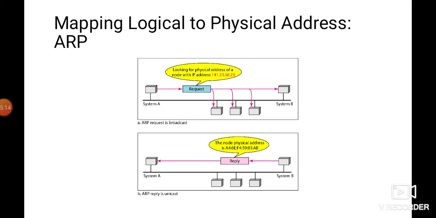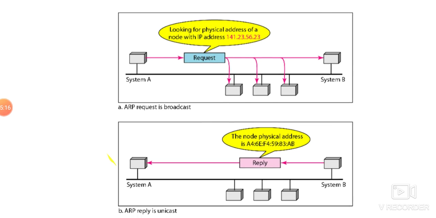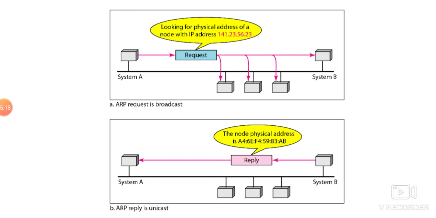Broadcast means, as we have already seen, it is sent to all the routers or all the hosts. Every host or router on the network receives and processes this ARP query packet, but only the intended recipient recognizes its IP address and sends back an ARP response packet. This response packet contains the recipient's IP and physical address, and the packet is unicast.